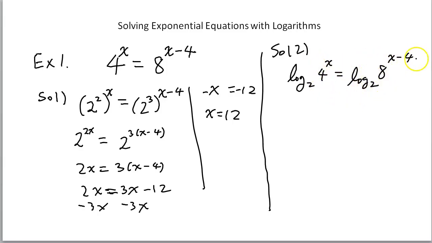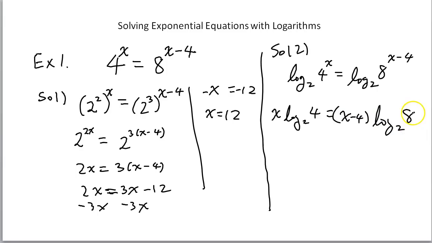And then these exponents can jump over the log like a frog. And now you have x log 2 of 4 equals, this x minus 4 jumps over the log, so you get x minus 4 times log 2 of 8.